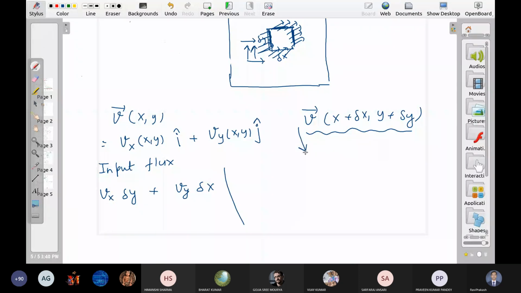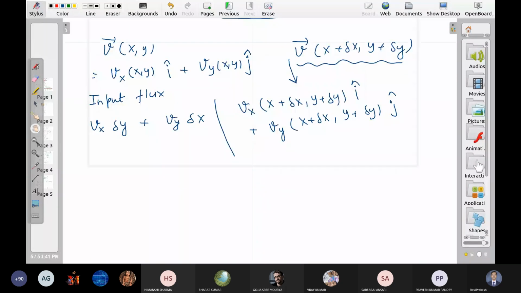So, this is actually vector v is Vx at x plus delta x, y plus delta y, I cap plus Vy j cap, right? Now let us do the Taylor expansion.